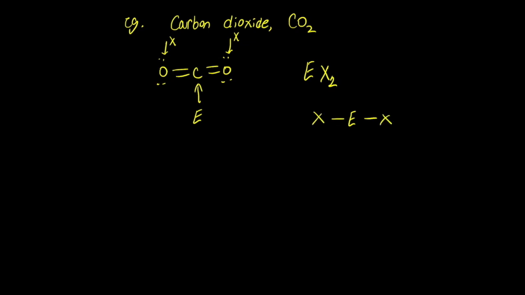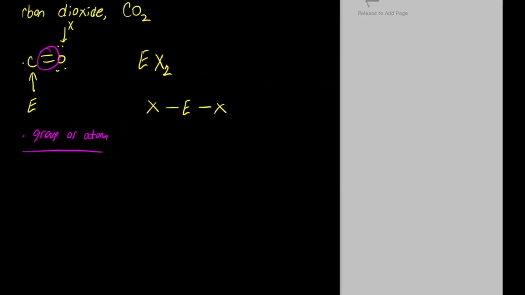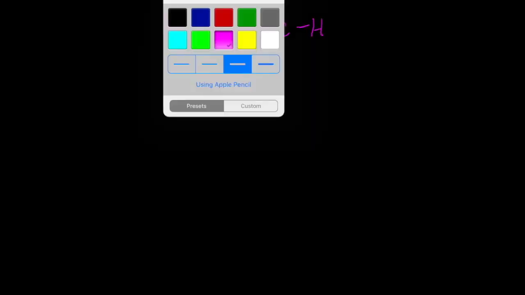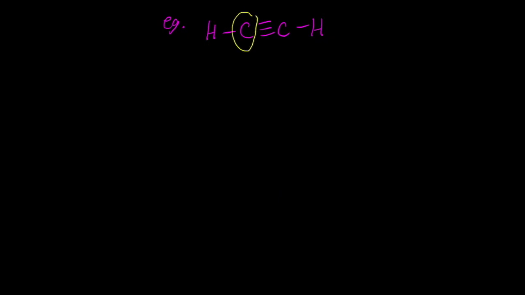Now, it is technically bonded by a double bond, but it doesn't matter, okay? X is a group or atom. All right, it's just an atom. And so another example would be acetylene. All right, let's focus in on this one right here, okay?